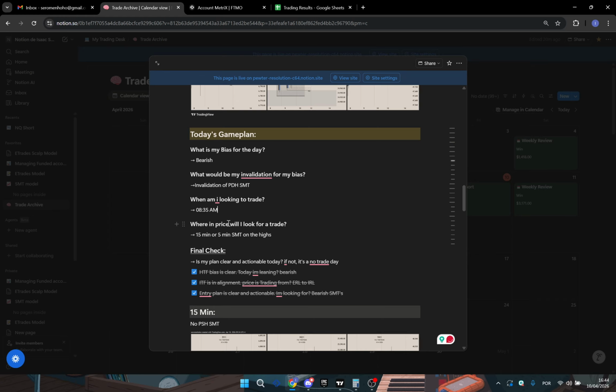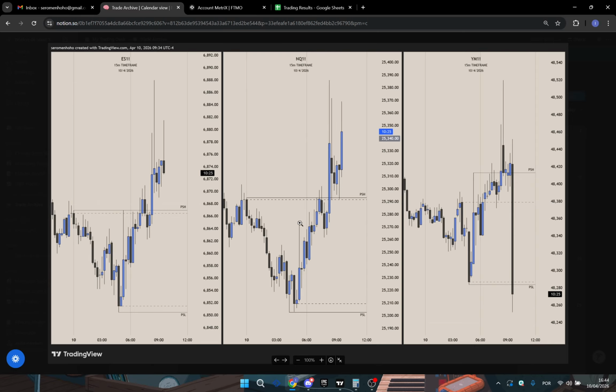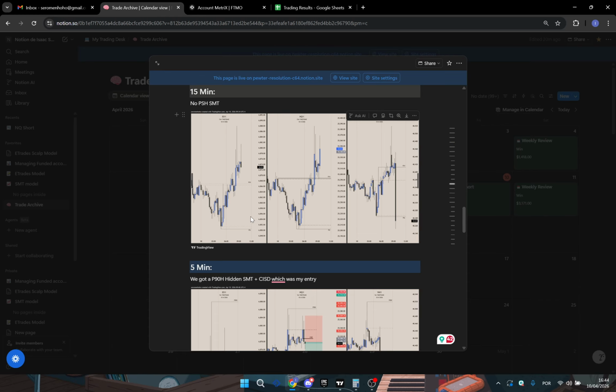And then when price will, I look for a trade, either 15-minute or 5-minute SMT on the highs would get me in. So when we go to the 15-minute chart, we do not have a 15-minute SMT because all assets closed above previous session high. So that only leaves the 5-minute for a possible entry.